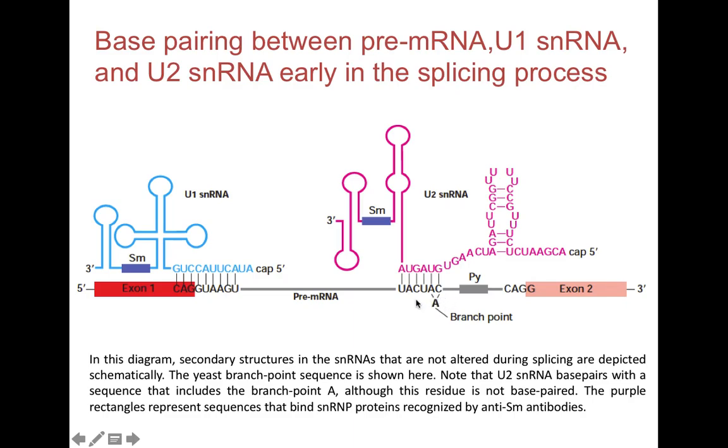This was an adenine, so the sequence on the pre-mRNA was U, A, C, U, A, and C. This adenine got bulged out because the snRNA did not have a complementary nucleotide for base pairing.